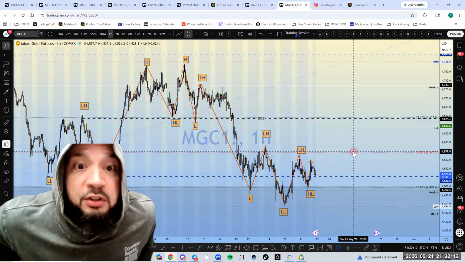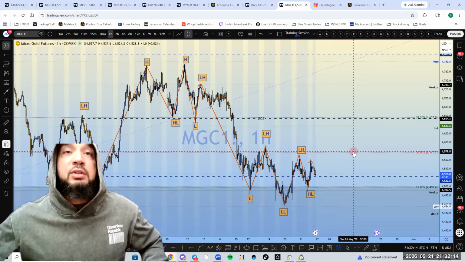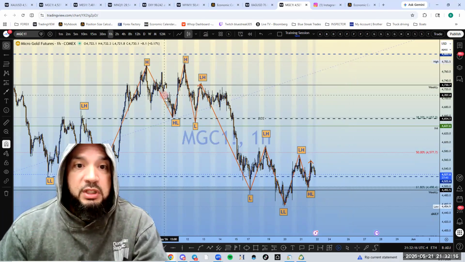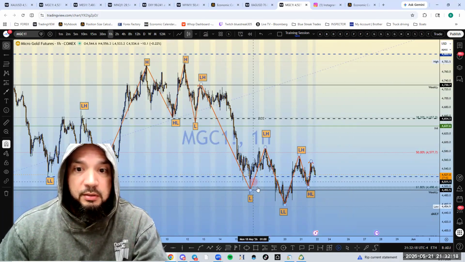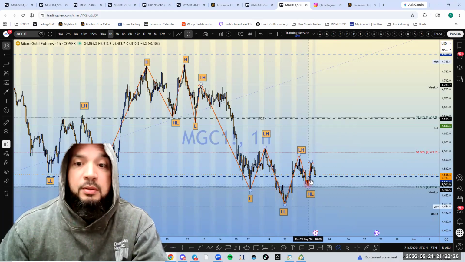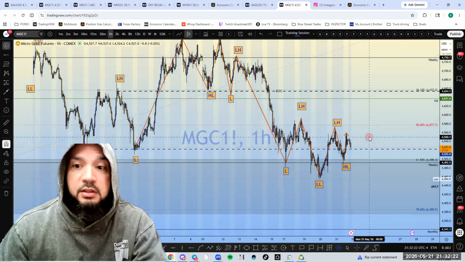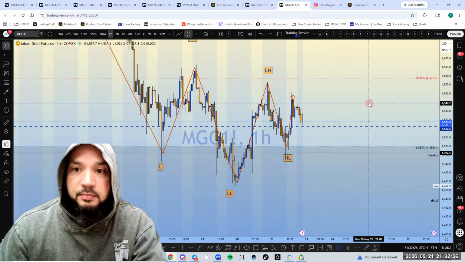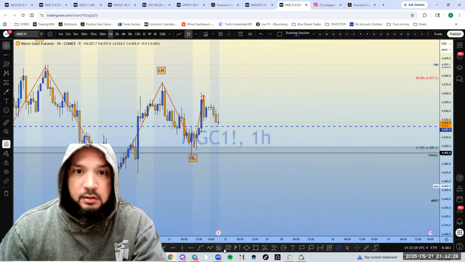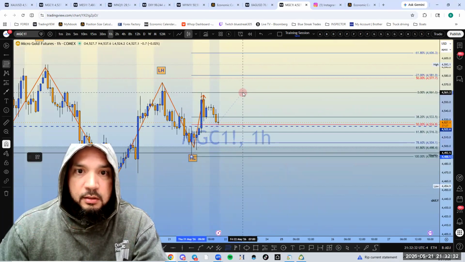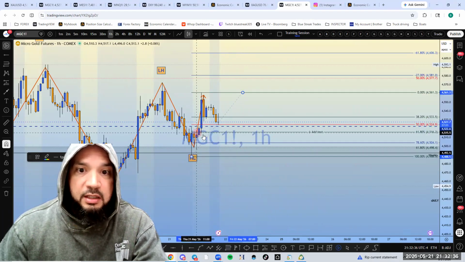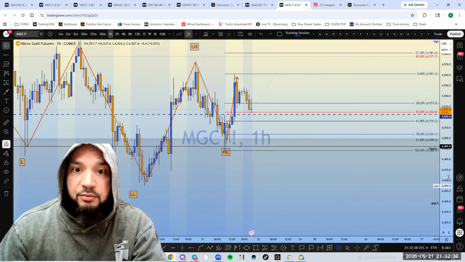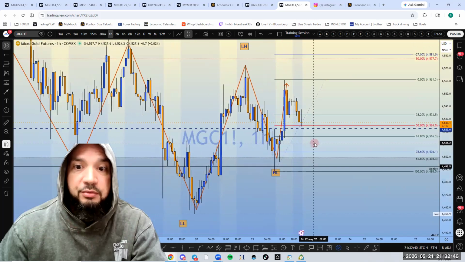The market is only going to do what it wants to do, and my only job is to read this market structure properly so that I can get in position. See where I'm at, place my Fibonacci, find my entry, look for extra confluences, which are extra confirmations.